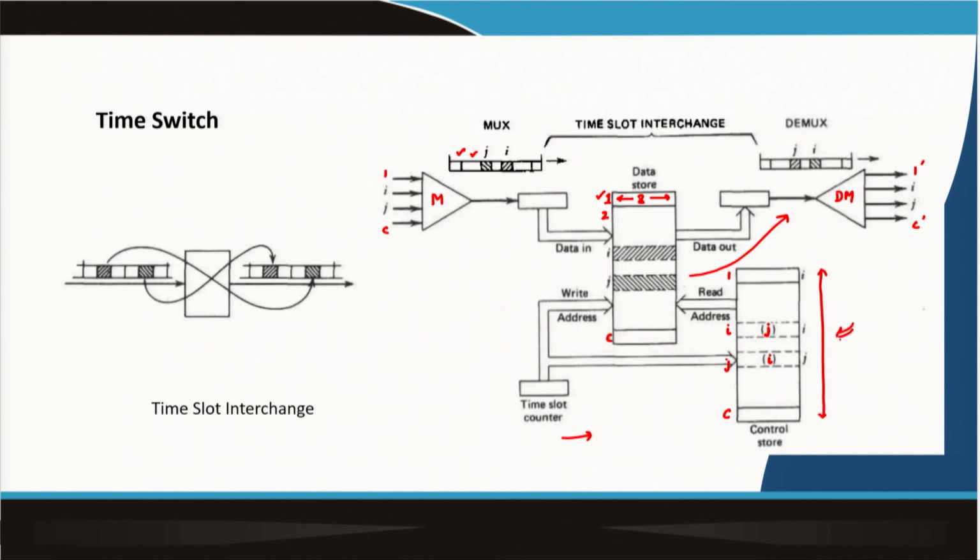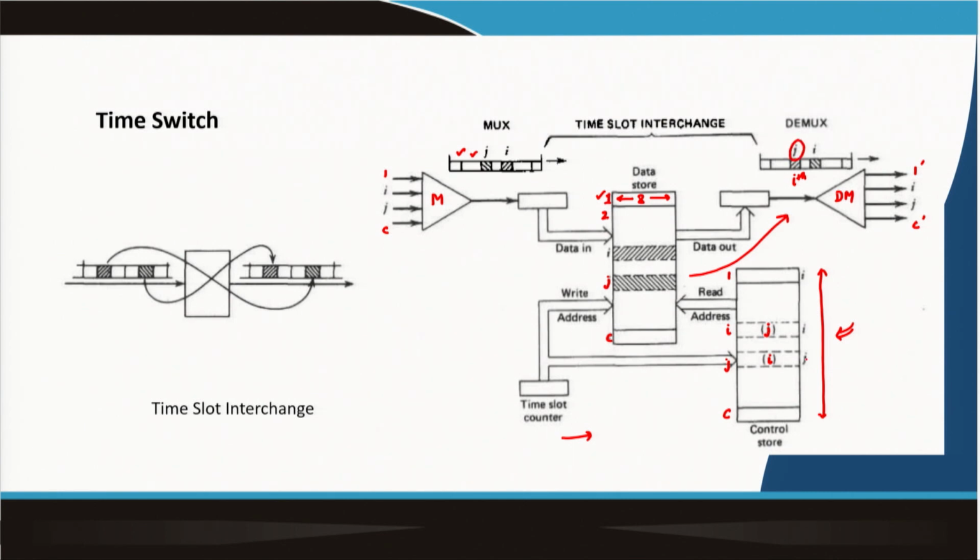Whatever this control buffer is guiding me, accordingly I read it. Suppose the ith data has to be fetched. In the ith location I first see which data I have to fetch: the jth data. So, I go to the jth location, and whatever data is stored there, I put in the ith location.